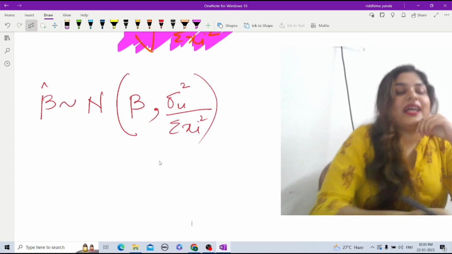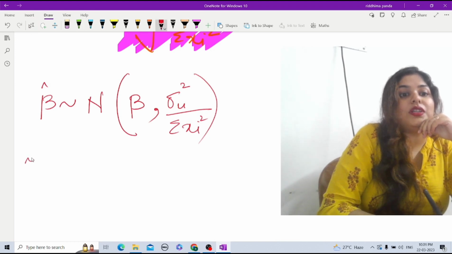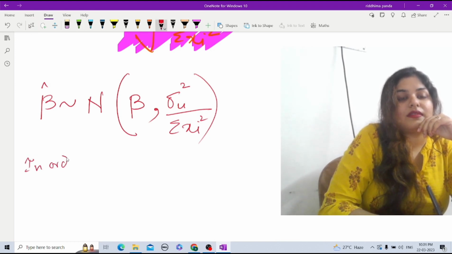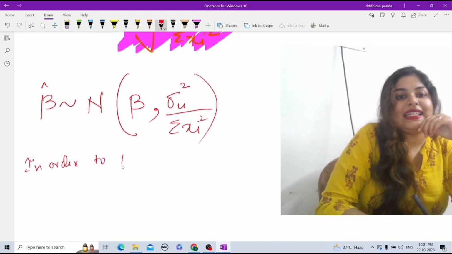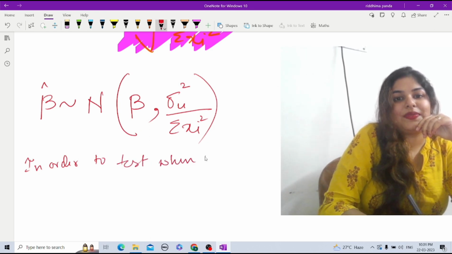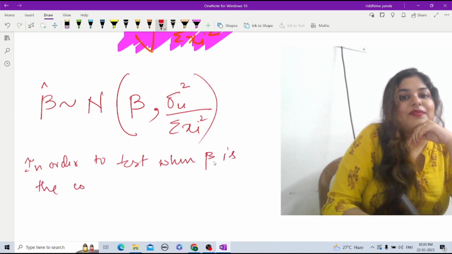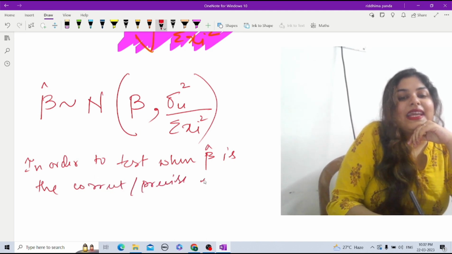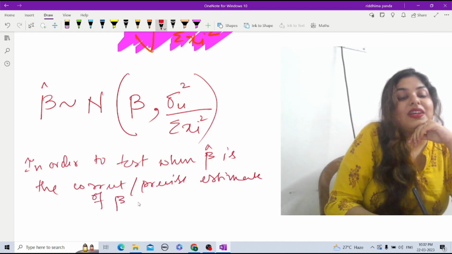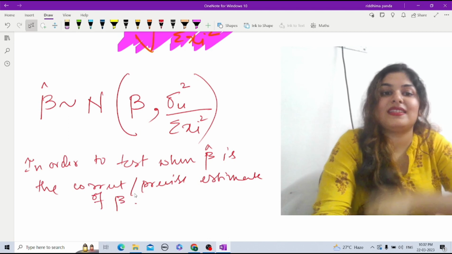Now, in order to test whether beta hat is the correct or precise estimate of beta, we have to go for hypothesis testing.